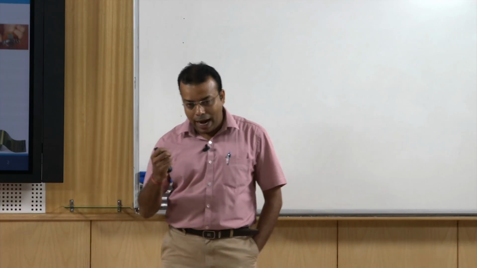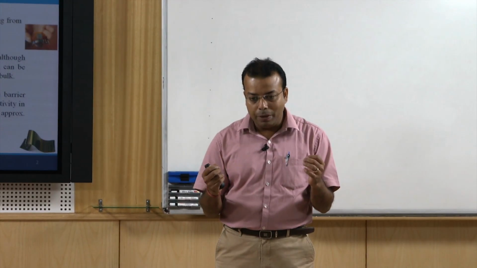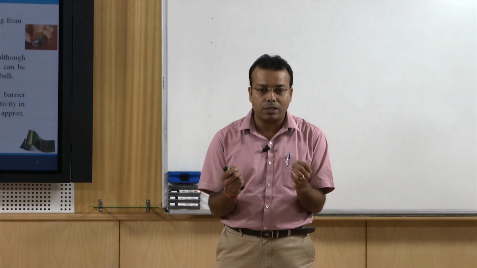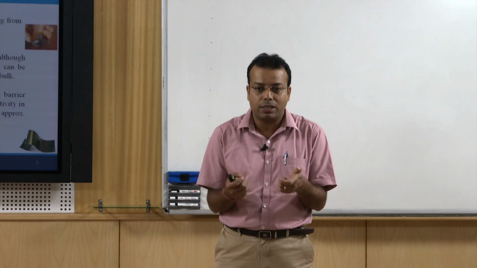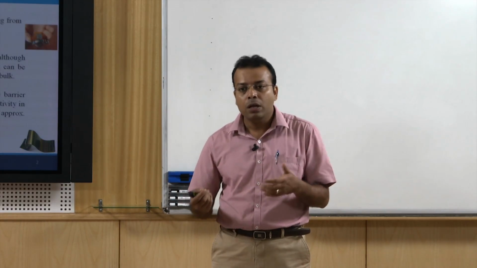At the onset, let me say that thin film is very difficult to define, because some people think 300 nanometer is thin, and some people think 2 nanometer is also thin.